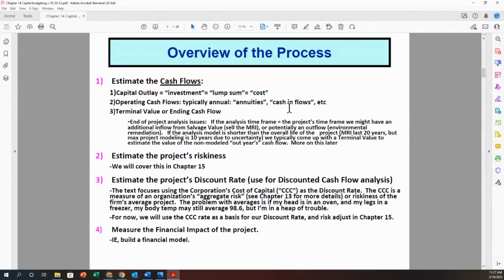Typically, most of the cash flow modeling that I've done is 3 to 5 years, because let's face it, anything beyond 5 years, there's so much uncertainty. It's hard to really measure. But your MRI, an MRI machine, I think ours are over 10 years old, these 1.5s.